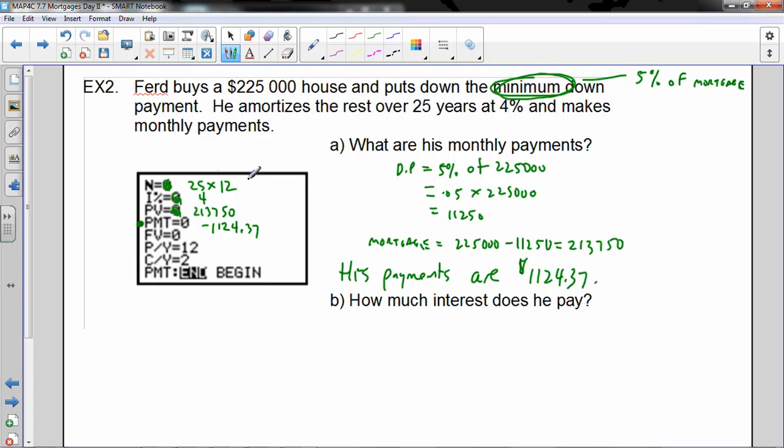Again, 300 payments out of pocket of $1,100. So his interest is his payments subtract how much he borrowed, right?